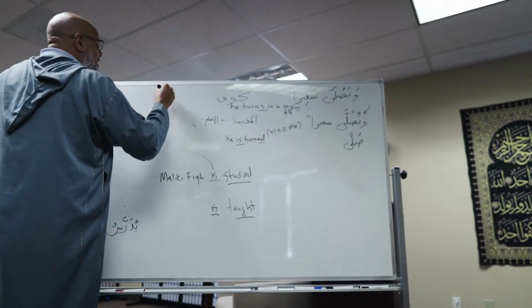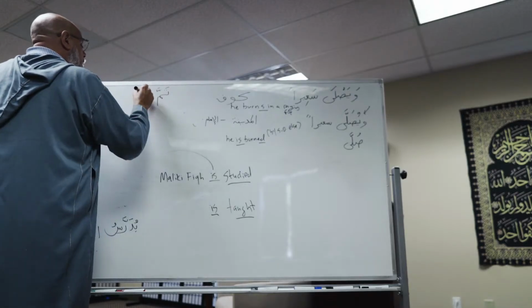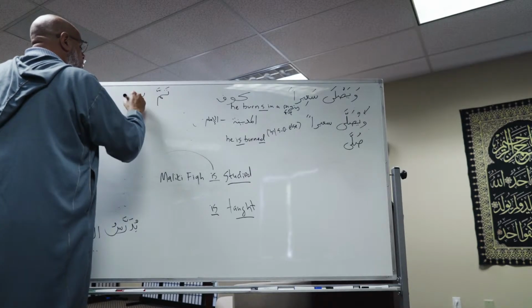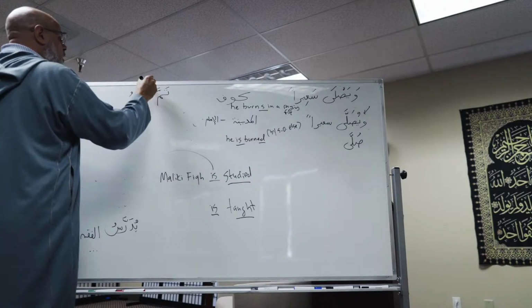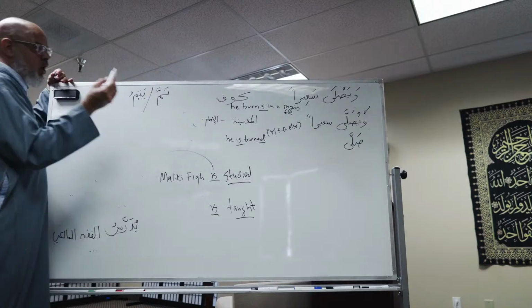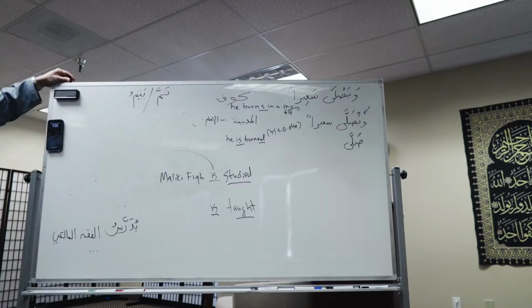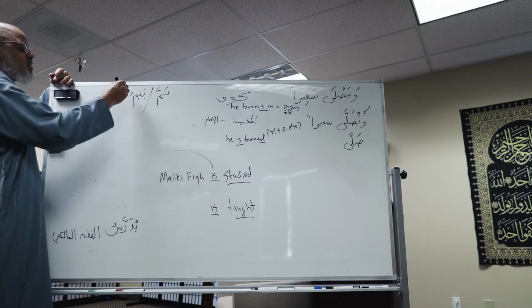Right, so تم, this is going to be the active. تم يتم. But just like how عد يعد became يعد, if you want to make تم يتم passive, what do we get?